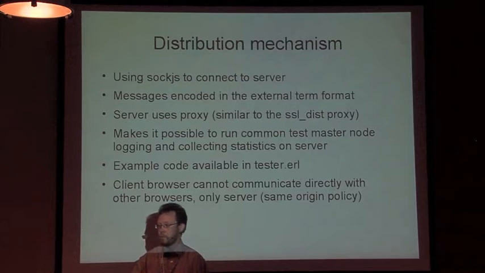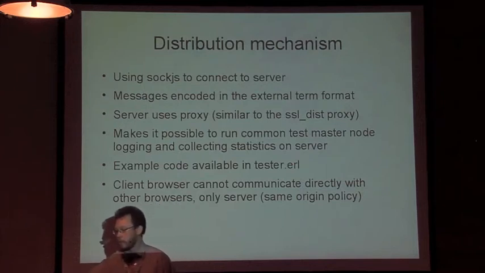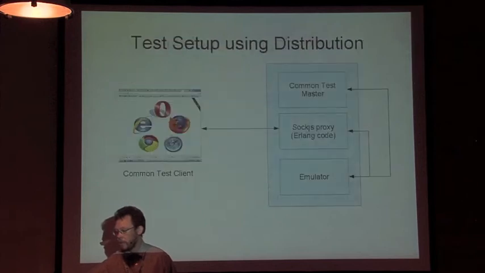I also wanted to basically run the common test master in an Erlang node, and then connect to several browsers and run tests in several browsers at the same time. So all the examples here are in a file called tester.l that's available on GitHub as well. So basically what I have here is a browser, or several browsers.